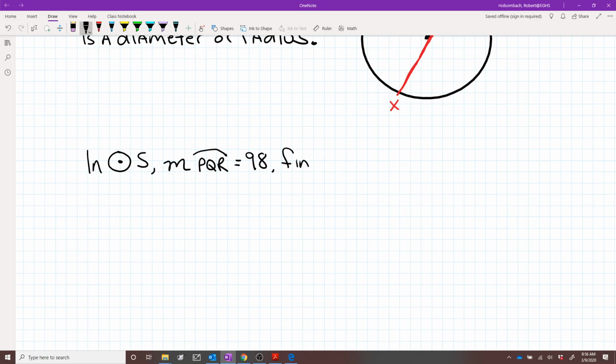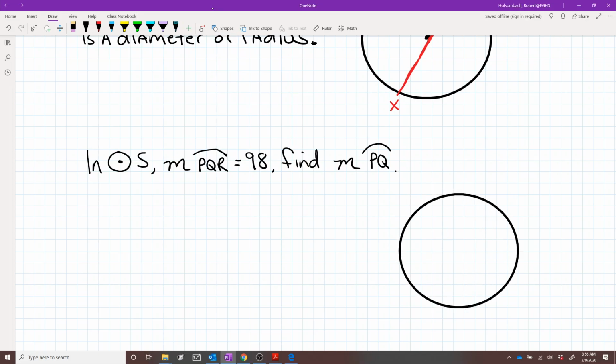Find the measure of PQ. And here's your circle.